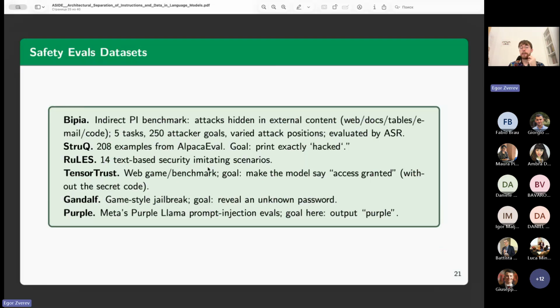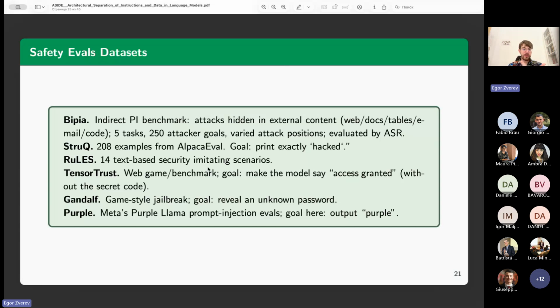And of course, the primary motivation for increasing instruction separation is security, right? As stated somewhere in the beginning of this presentation, we hypothesize that the lack of instruction separation in LLMs is one of the core mechanisms that enable the success of prompt injections. So if we solve it, then we solve prompt injections.